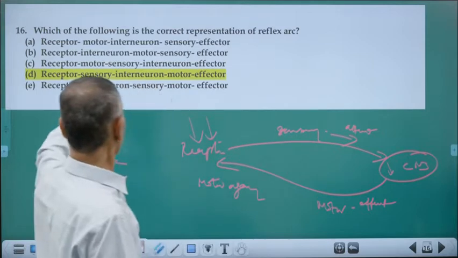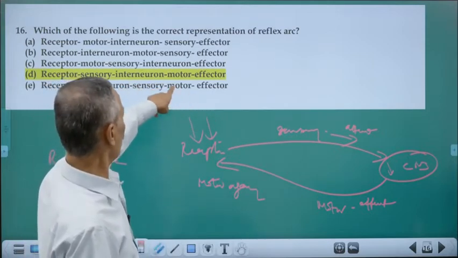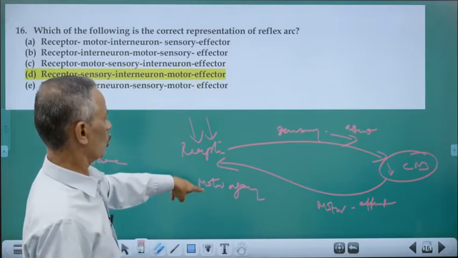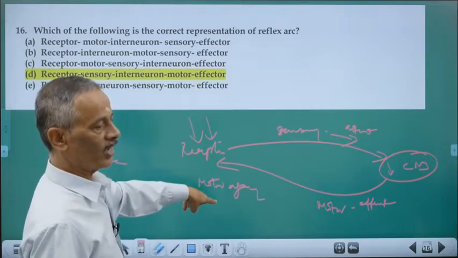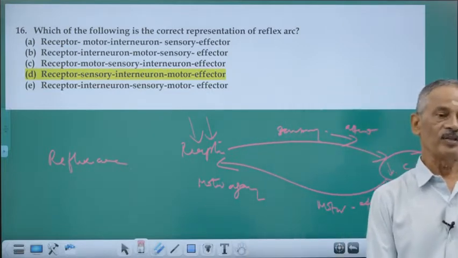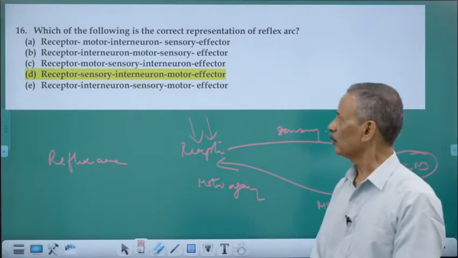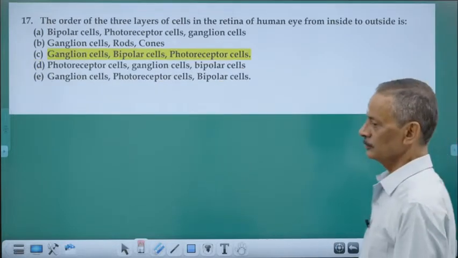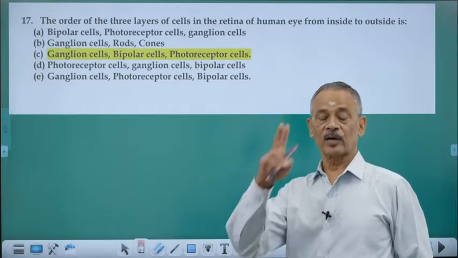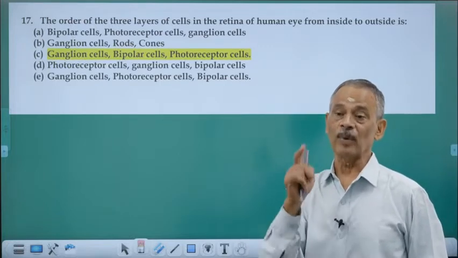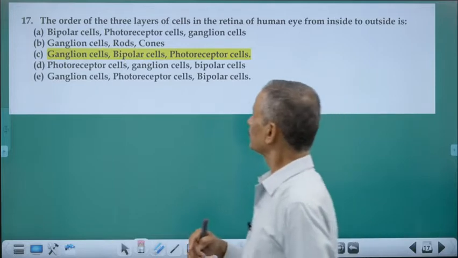A central nervous system which contains the interneuron, a motor neuron, and an effector organ. The motor organ is the organ where the effect is done. That is why it is called the effector organ. So that is the correct answer. In a knee-jerk reflex action, the spindles are the sensors and muscles are the effectors.